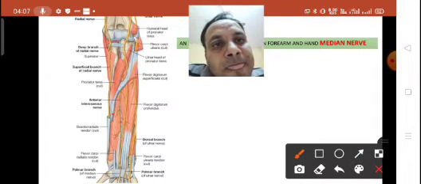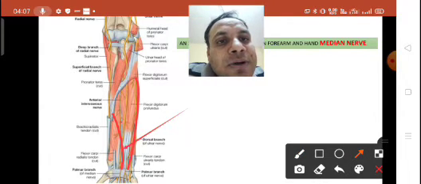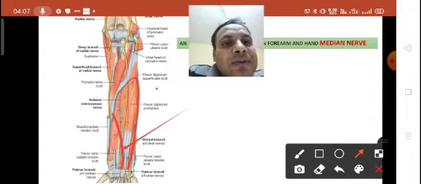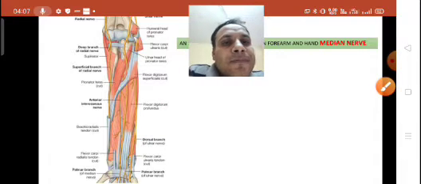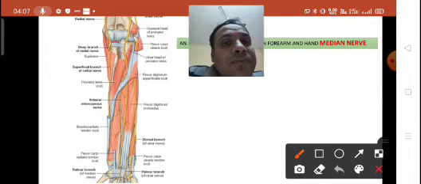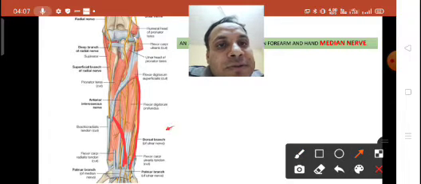The median nerve becomes superficial near the lateral border of flexor digitorum superficialis.